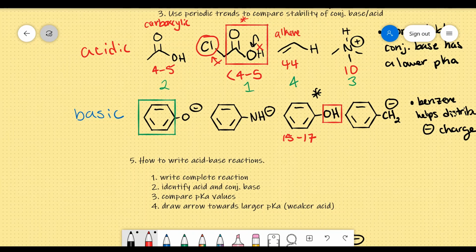But let's go ahead and imagine, remember, we're talking about basicity, okay? So imagine if we added a hydrogen, what would we get? Well, we'd get a benzene ring. This is another way to draw a benzene ring with OH2 plus. Now, the benzene ring does not help distribute positive charge.